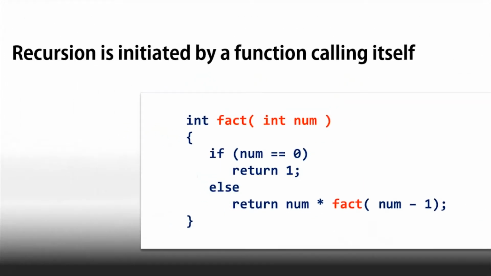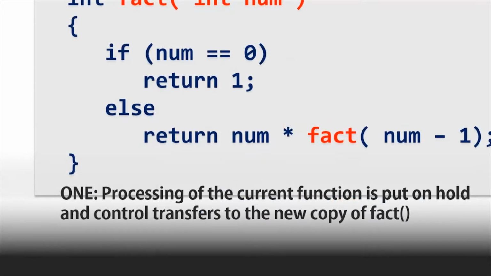So let's walk through what happens as this recursion occurs. The first thing that happens is that the original caller, the first call to fact, gets put on hold. It remains in memory. All of its internal parameter and variable values hold their value.